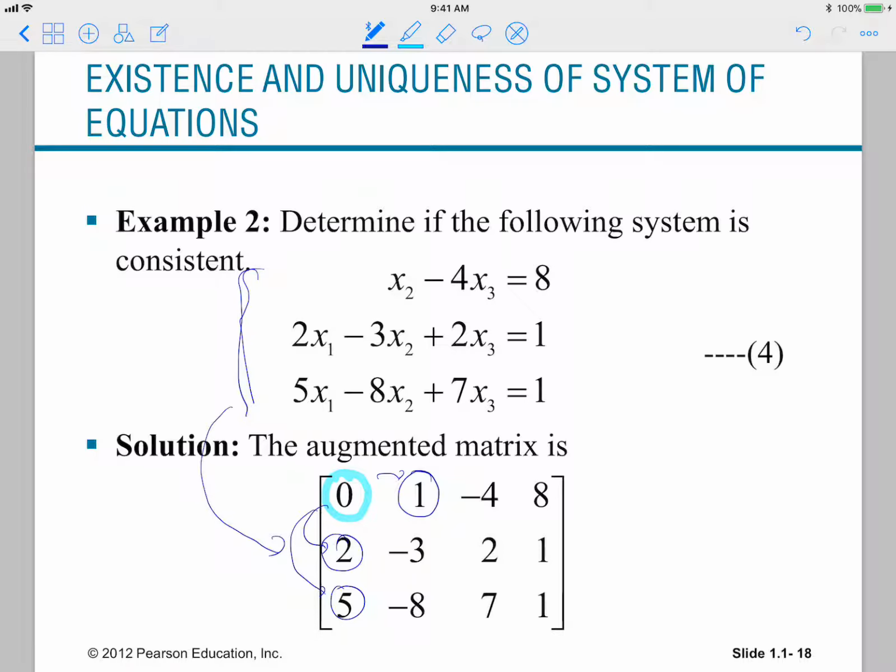Given these 3 equations, we pick some other equation that contains a non-zero coefficient for the first variable, such as this guy and this guy. Both have a non-zero coefficient for the first variable, so we change the position of the second equation, or the third equation, and move it to the first one, and this guy will be positioned in the second row.